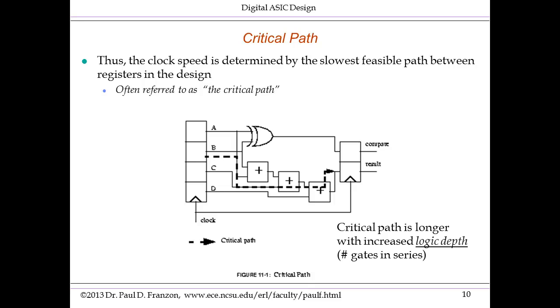And experienced design teams talk about logic depth, and what logic depth they need to get close to at least in order to achieve the intended clock frequency. And in high-speed designs at gigahertz or so, you might even be talking about 10 logic gates in sequence. That is, you can only ripple through 10 logic gates in the 1 nanosecond between successive rising edges of the clock.